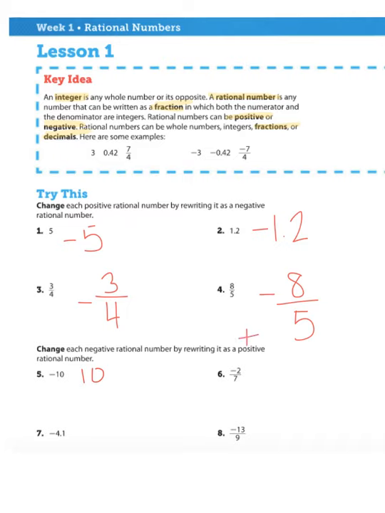You can write a positive sign in there, but you do not have to. Number 6, a negative 2/7 is going to be a positive 2/7. Negative 4.1 turns into a positive 4.1. And negative 13/9 turns into positive 13/9. So again, positive and negatives are opposites.